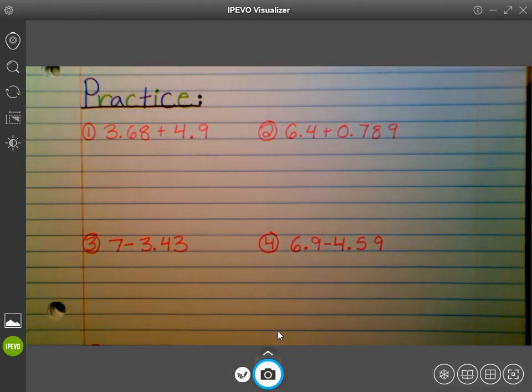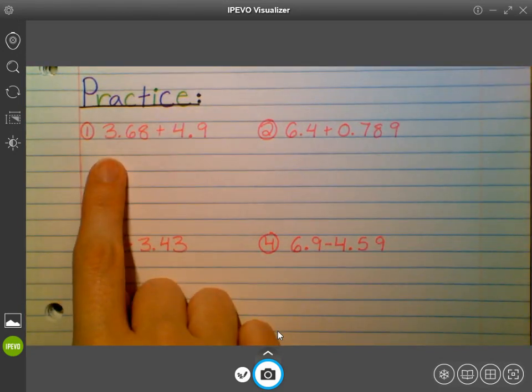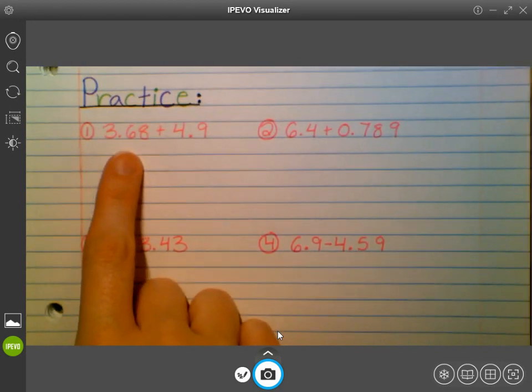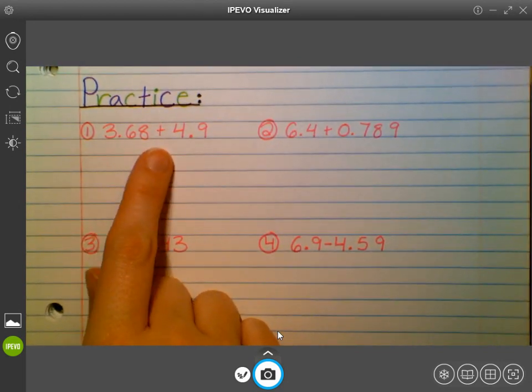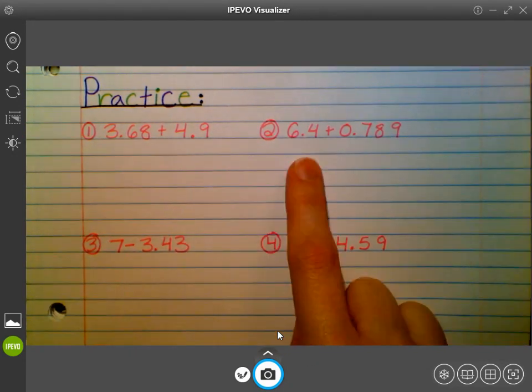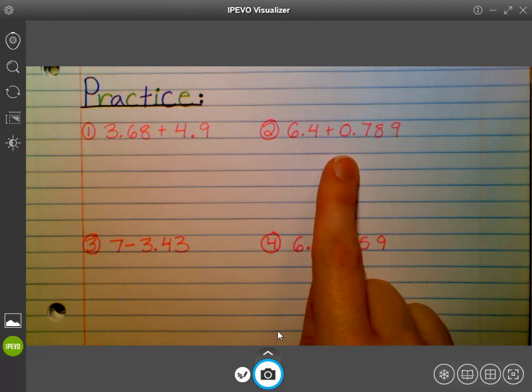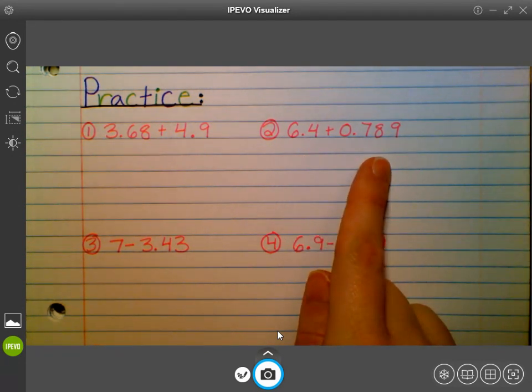I will scroll down for the 5th once we get the first 4. So, number 1, 3 and 68/100ths plus 4 and 9/10. Number 2, 6 and 4/10 plus 789 thousandths.